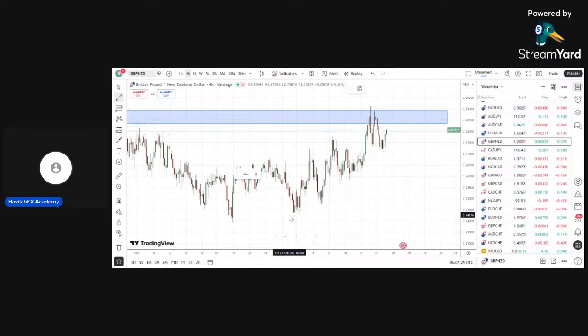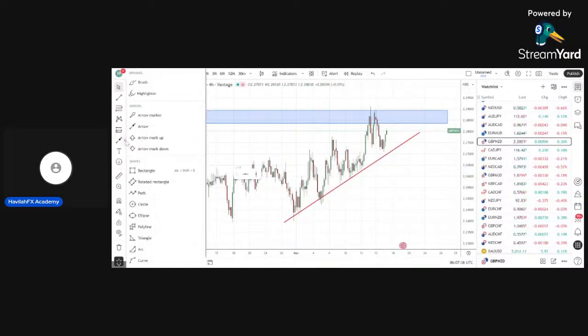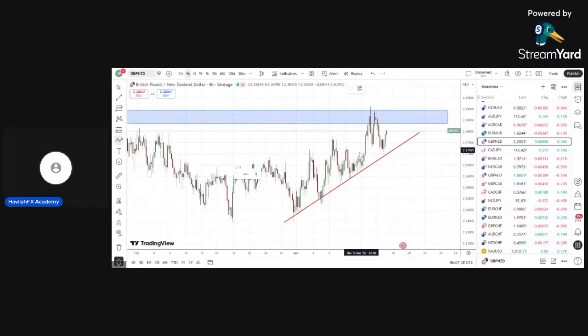currently I'm seeing a trend line, and I'm seeing the clear formation of a head and shoulder pattern.